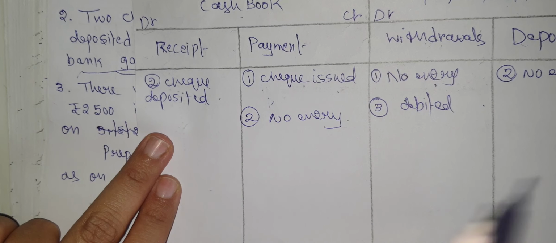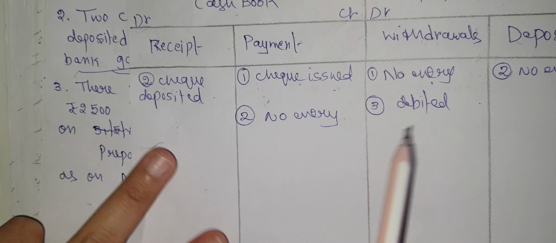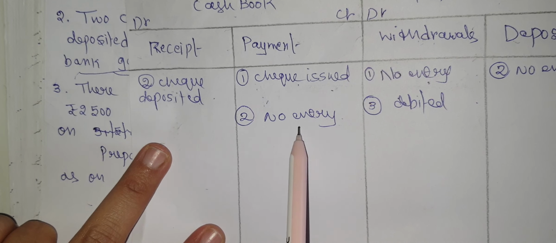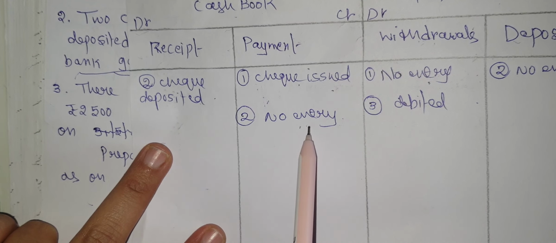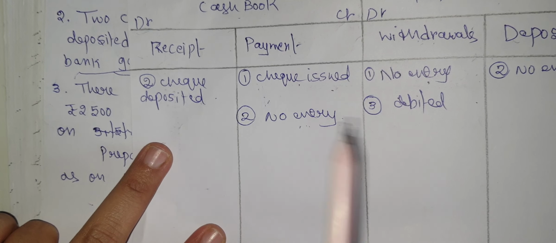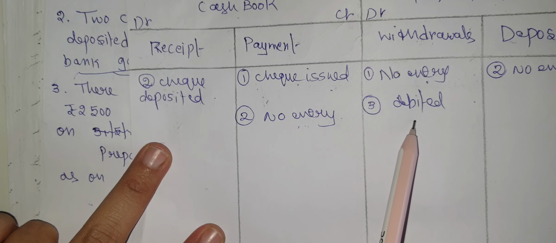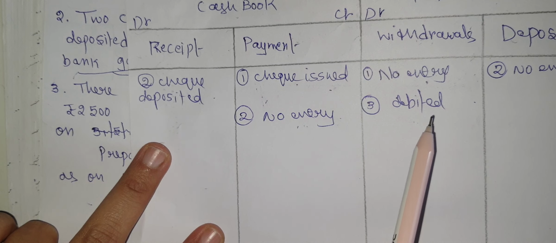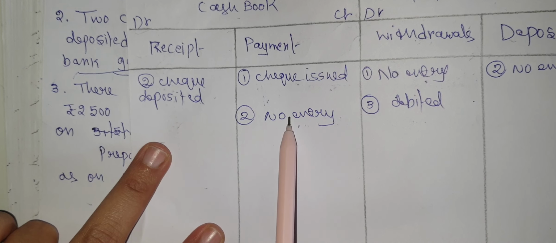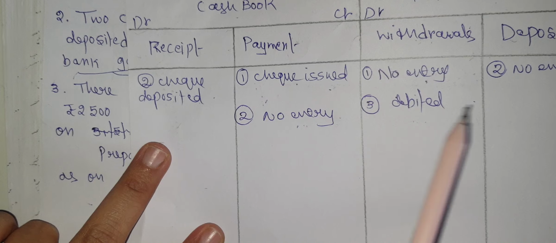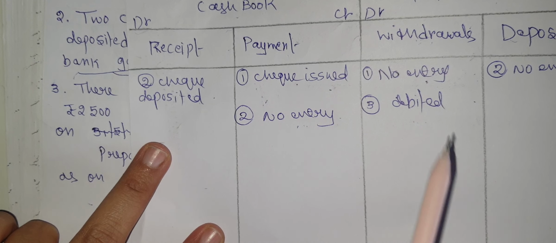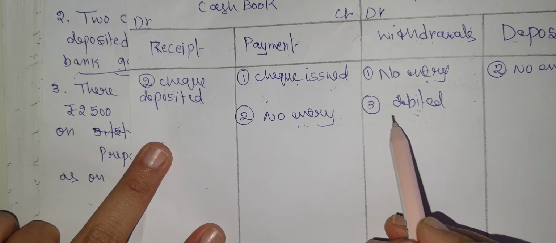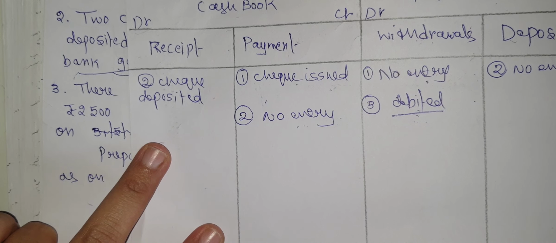And second one, make the comparison. Here cash book balance, there is no change in the cash book balance, and passbook balance is less. Passbook balance is less compared to the cash book because it comes in the withdrawal side, means payment, means the amount is debited here in the passbook.